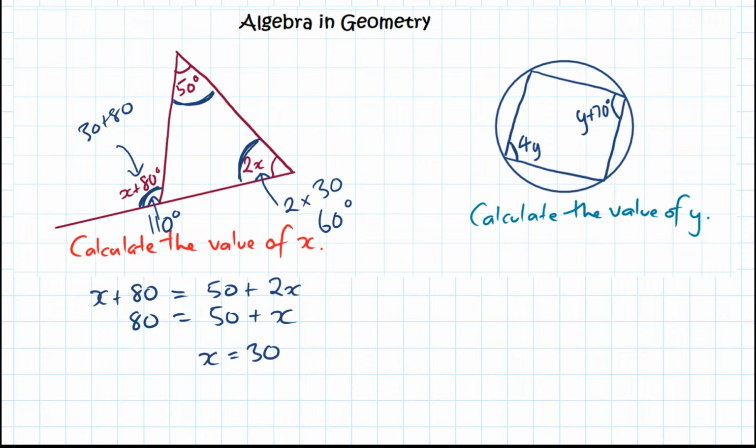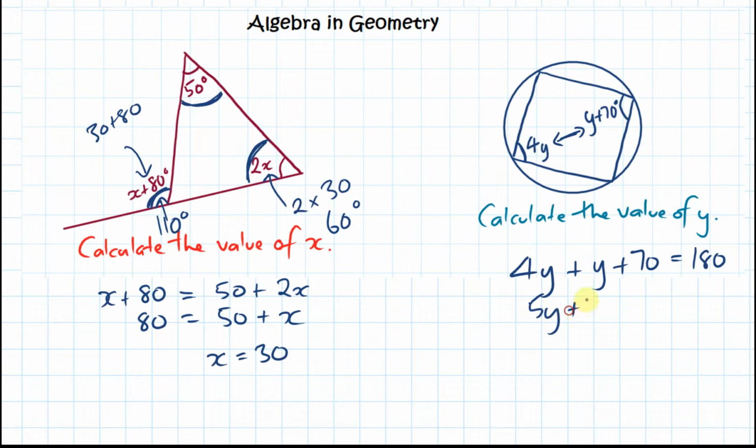Alright, this next example, we have a circle, and you can see we have a cyclic quadrilateral. In a cyclic quadrilateral, the opposite interior angles add to 180. So these two are opposite one another. Therefore we can write 5y plus 70 is equal to 180.